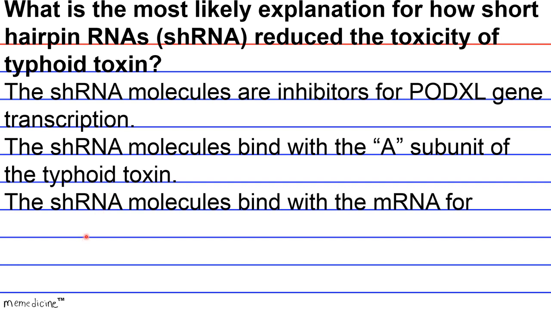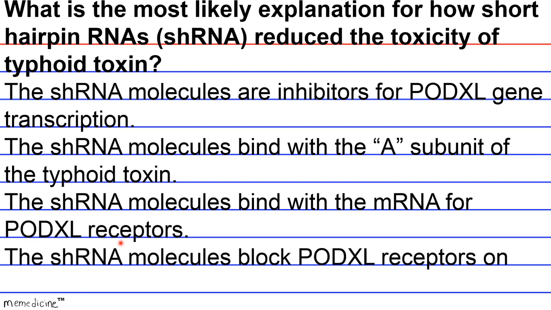Is it C, the shRNA molecules bind with the mRNA for PODXL receptors? Or is it D, the shRNA molecules block PODXL receptors on the cell surface? I'll give you a moment to think. You may want to refer back to the passage where the shRNAs or short hairpin RNAs are mentioned, all right?